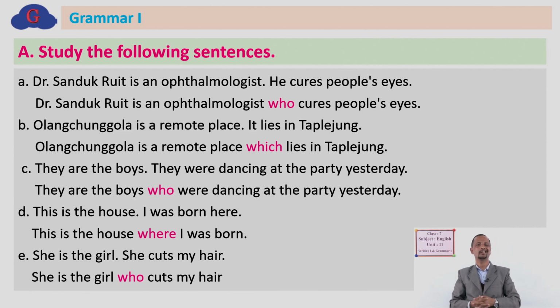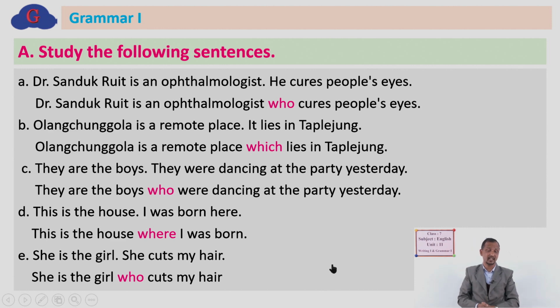They were dancing at the party yesterday. They are the boys who were dancing at the party yesterday. Here we join with who. The fourth sentence is with where, and the last one is with who.